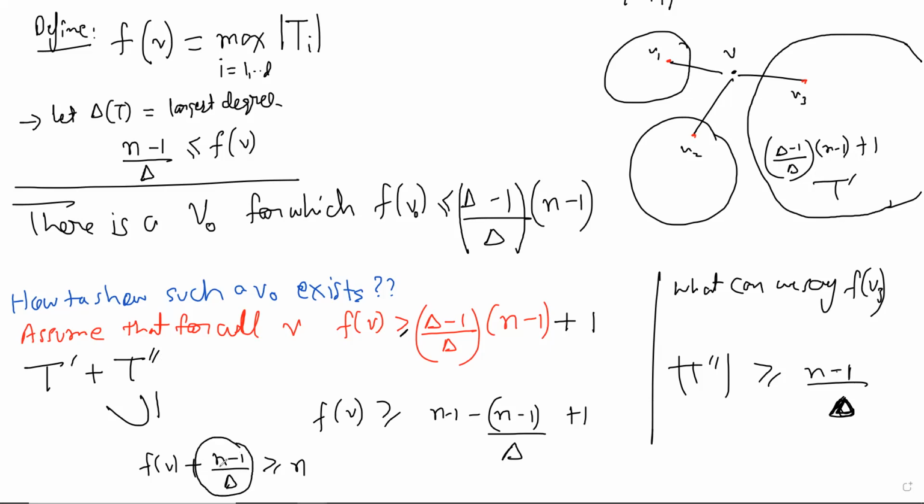No, but the problem is that it may be the same tree. But then that is also something that you can work out. If it's the same tree, then you can work that out. But if you assume it's a different tree, then these two trees are going to be disjoint.